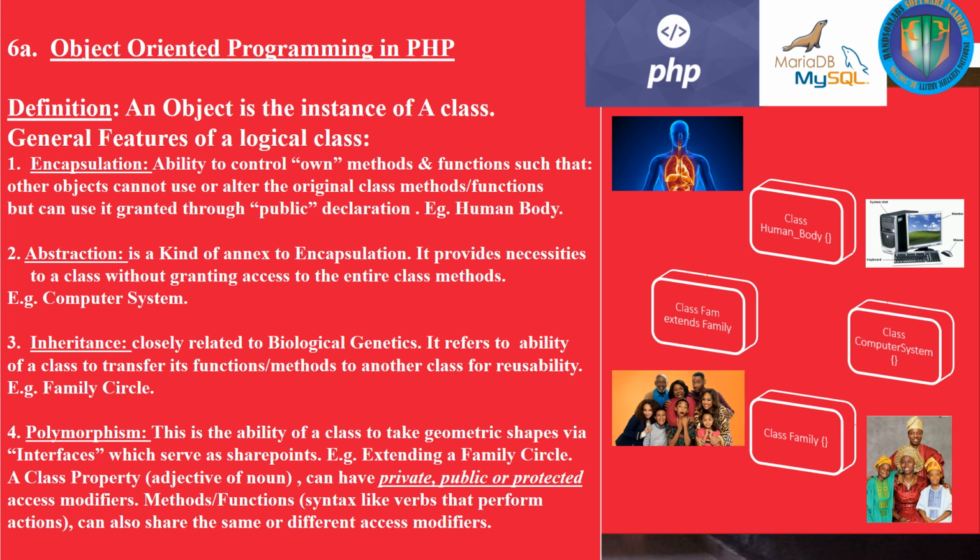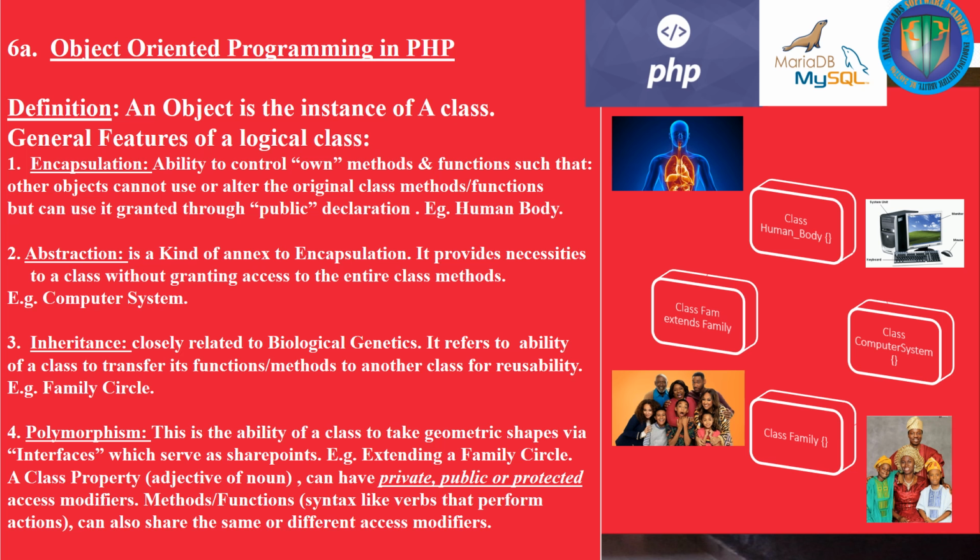This is the ability to control our own methods and functions that other objects cannot use or alter. The original class and methods are meant for the parent, but access can actually be granted through the use of the access modifier public once it is used in the class.